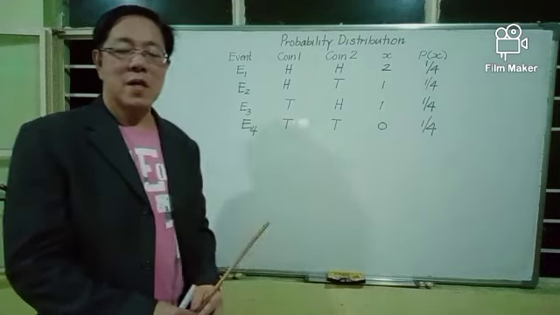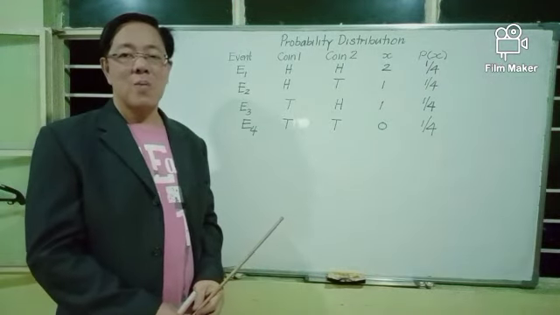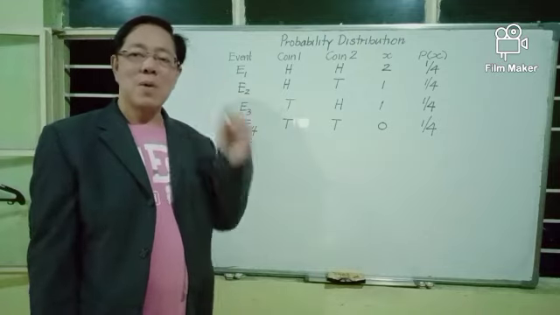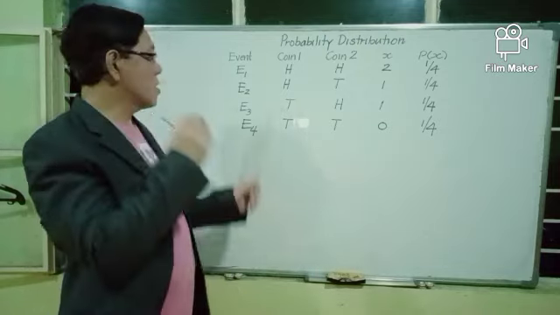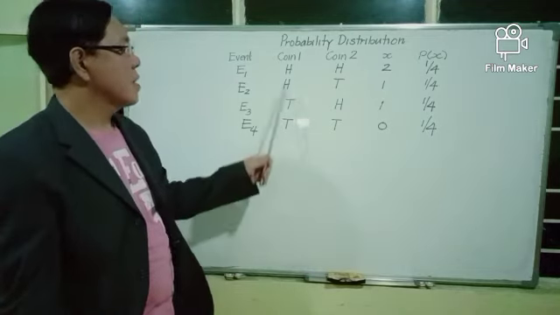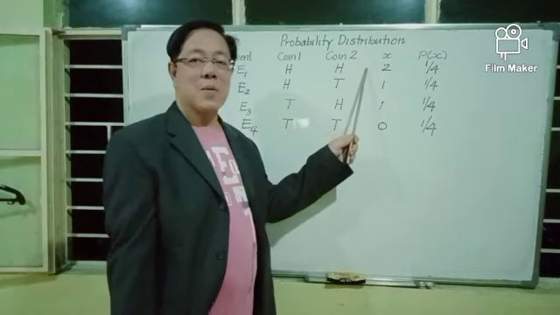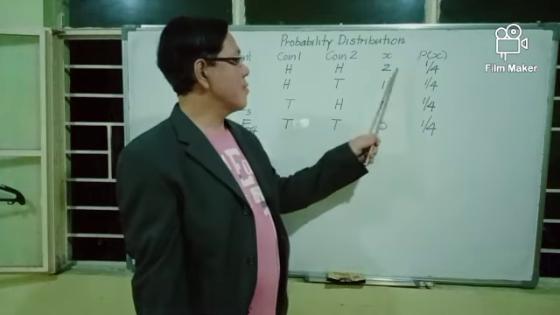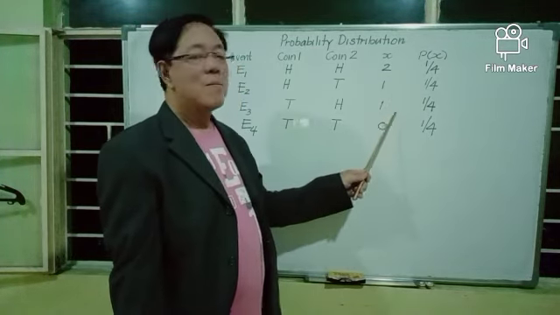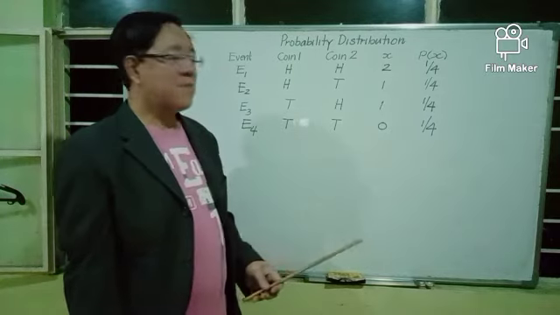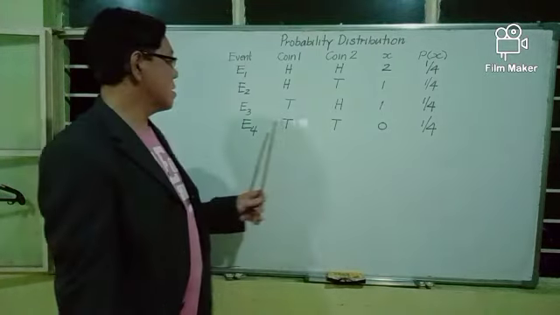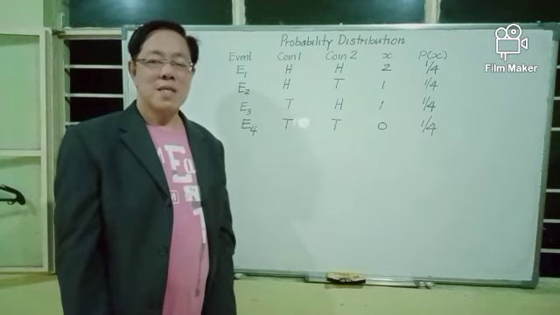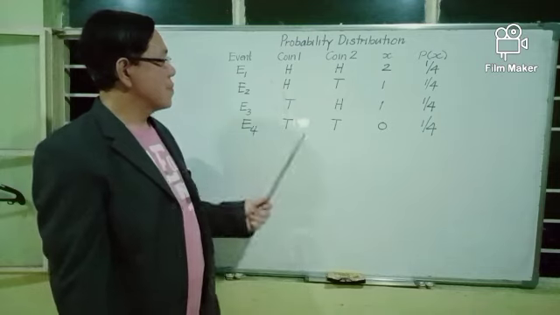This is the first step when you construct a probability distribution for a discrete random variable x. You list all the possible outcomes, the possible values of the discrete random variable x, and the probability for each value of the random variable x corresponding to the event. Now we summarize this.